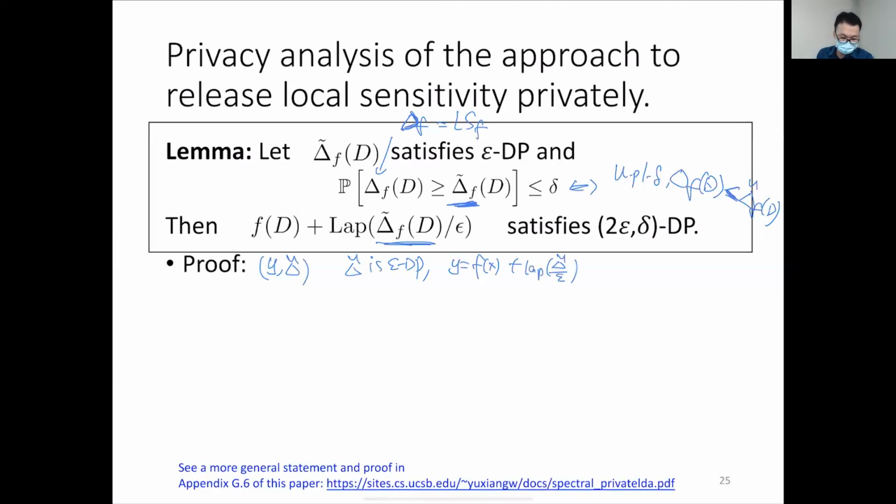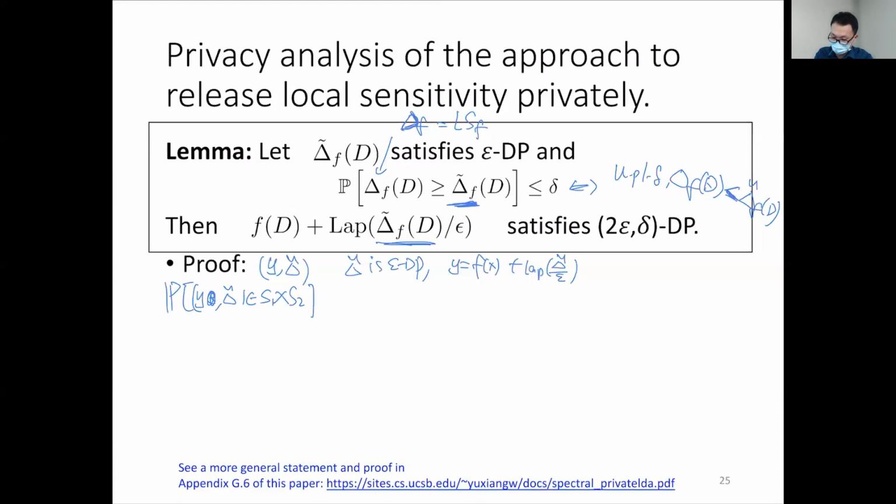That's the algorithm. So we can take any measurable set of this concatenation of the space, so that (y, delta tilde) belongs to S1 times S2, where S1 and S2 are arbitrary measurable sets of the output space.